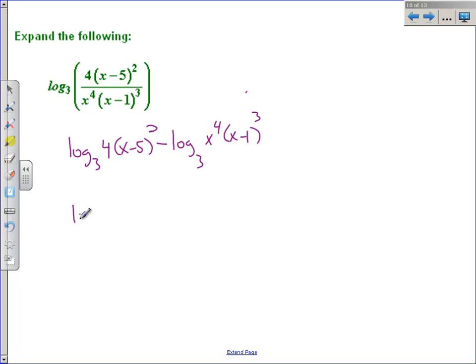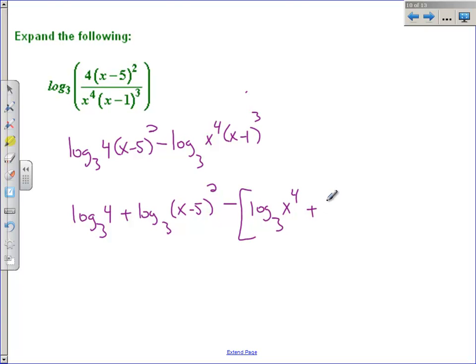So I'll do the log base 3 of 4 plus the log base 3 of x minus 5 squared, and then minus, and I better put this in parentheses because it's minus all of this, the log base 3 of x to the 4th plus the log base 3 of x minus 1 cubed.